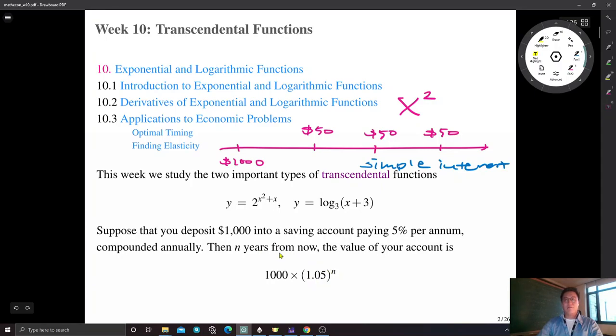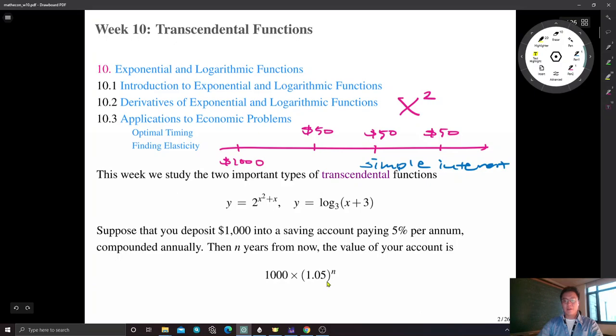Okay? And 3 years from now, 1,000 times 1.05 cubed, and n years from now, 1,000 times 1.05 to the power n. Okay? So it grows exponentially. The value of your account grows exponentially. Okay? And then you can see that this is an exponential function.